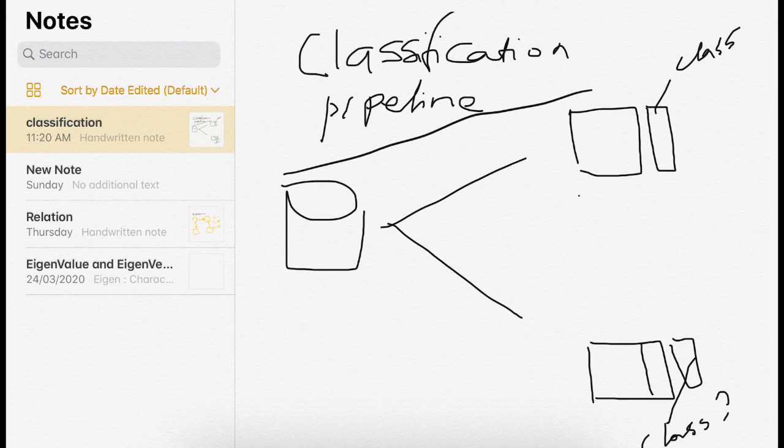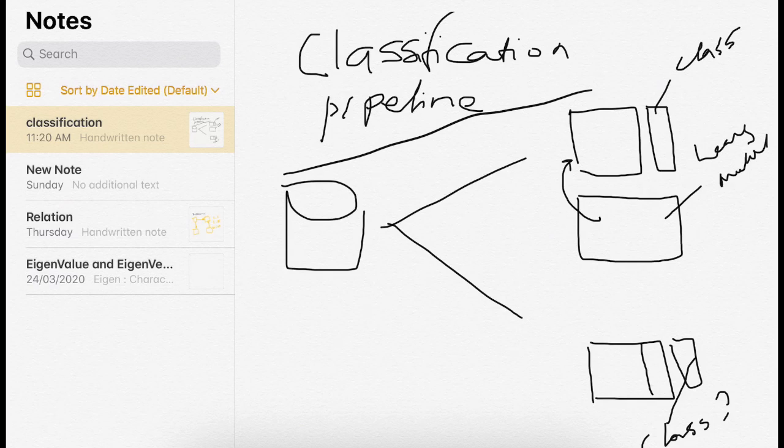Then we will make a learning model to learn based on our attributes and class, and this model is the classification model. One example of it would be a decision tree.